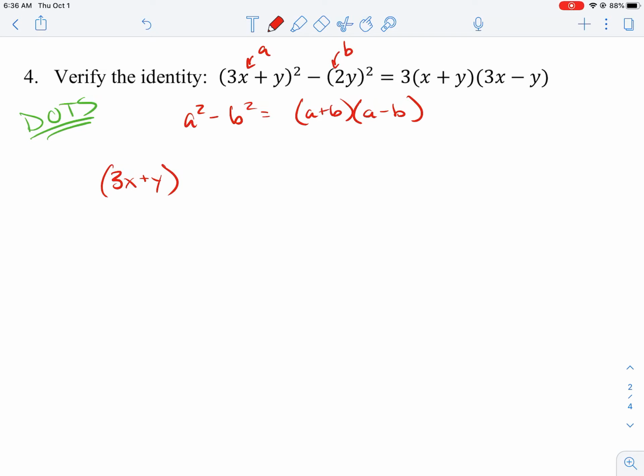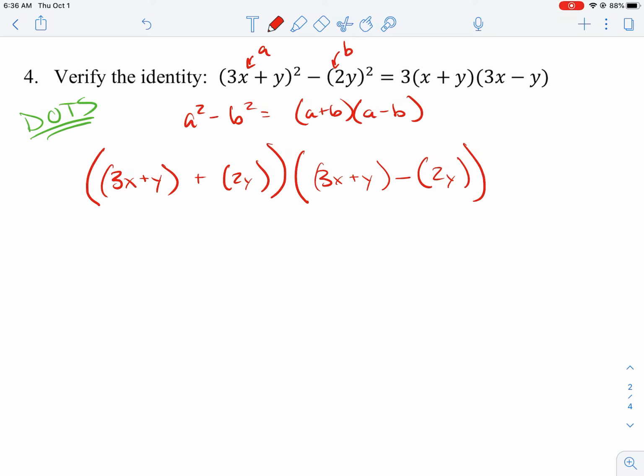So I'm going to go a plus 2y in parentheses and a 3x plus y minus b. Okay, so we got a plus b, a minus b.